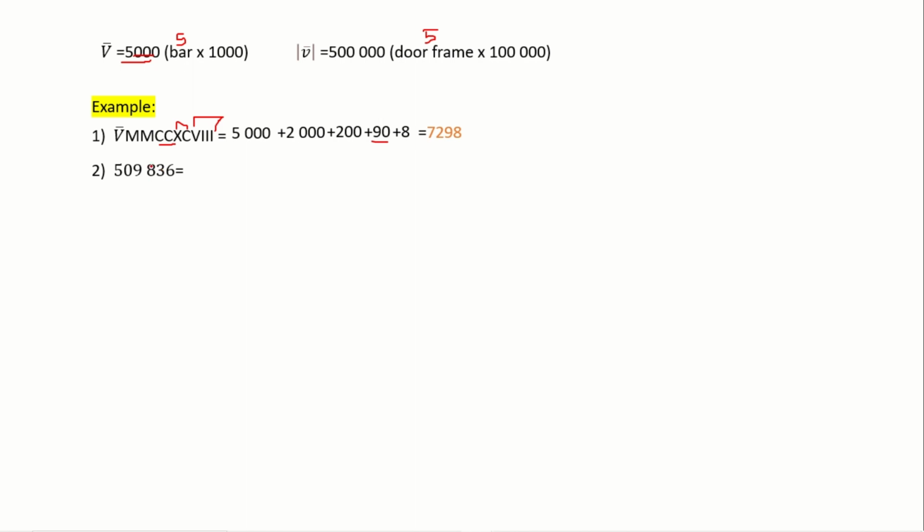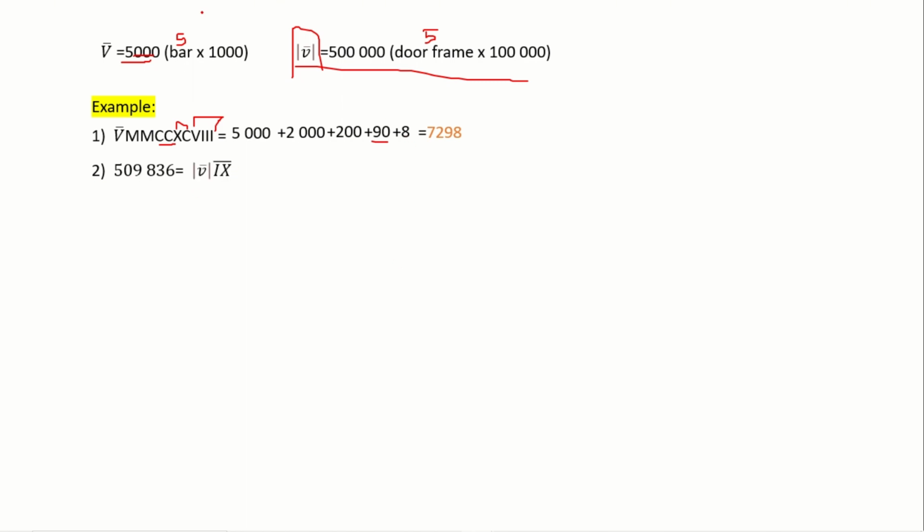Let's solve this. We can solve the 500,000, 9,836. First, what we need to do is to get 500,000. We can use this kind of method, right? You can put the V door frame. So let's put it.